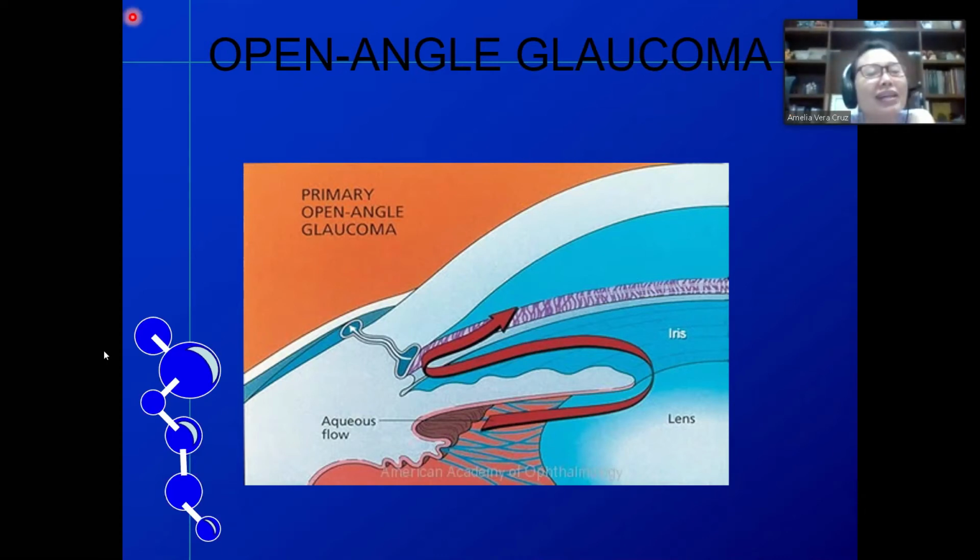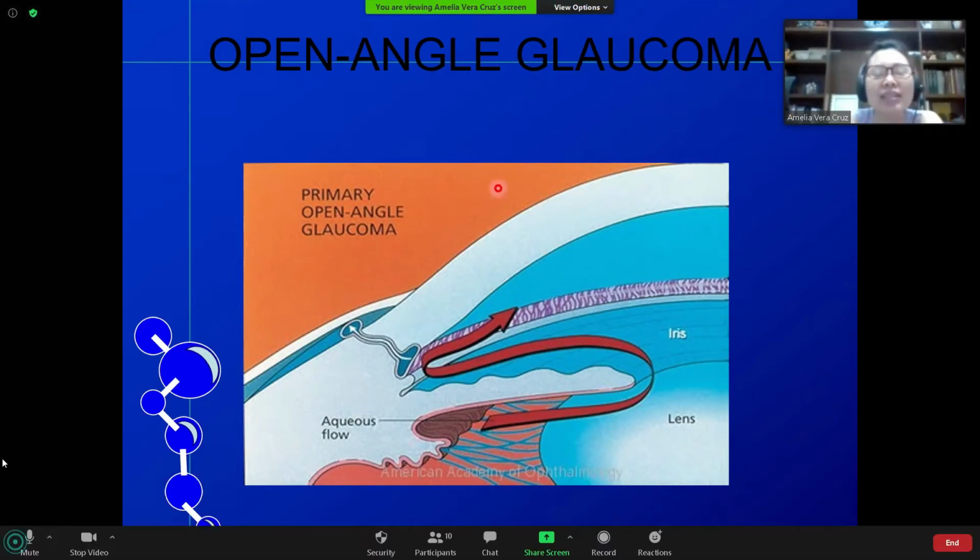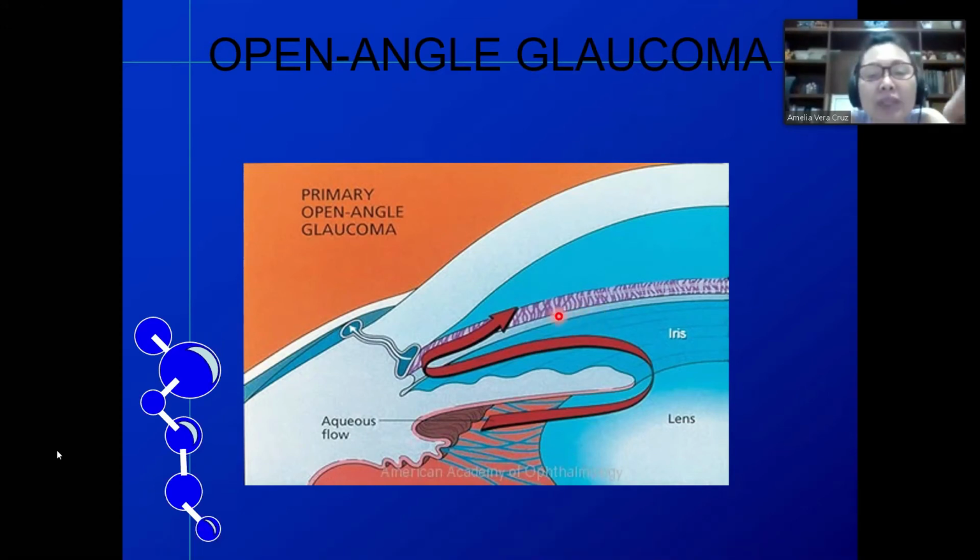Ngayon to. Okay na? Okay. Now, in a steroid-induced glaucoma, it is usually an open-angle glaucoma. The trabecular meshwork are open. The angle is wide open.